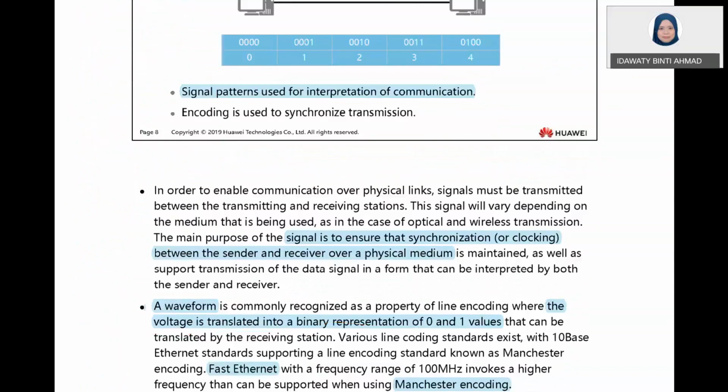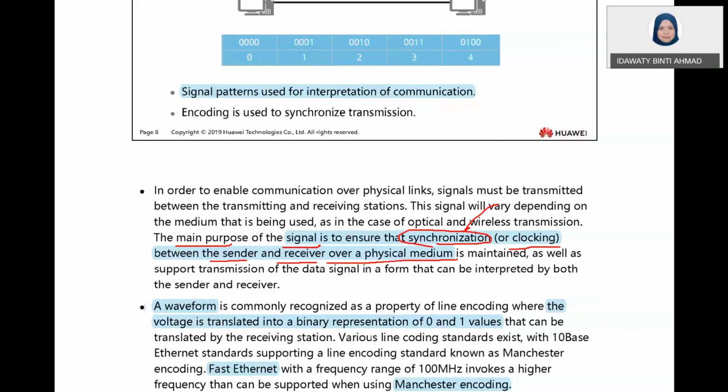The main purpose of encoding the signal is to ensure synchronization. Now you have a new term here, synchronization or clocking between sender and receiver over the physical medium.